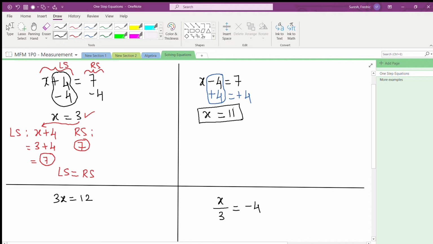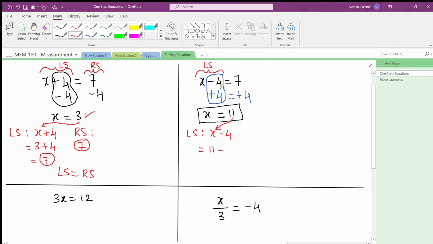Again, how do I know if this is the right answer? The left side is x minus 4. Since I have x equals 11, I'm going to substitute 11 for x here.